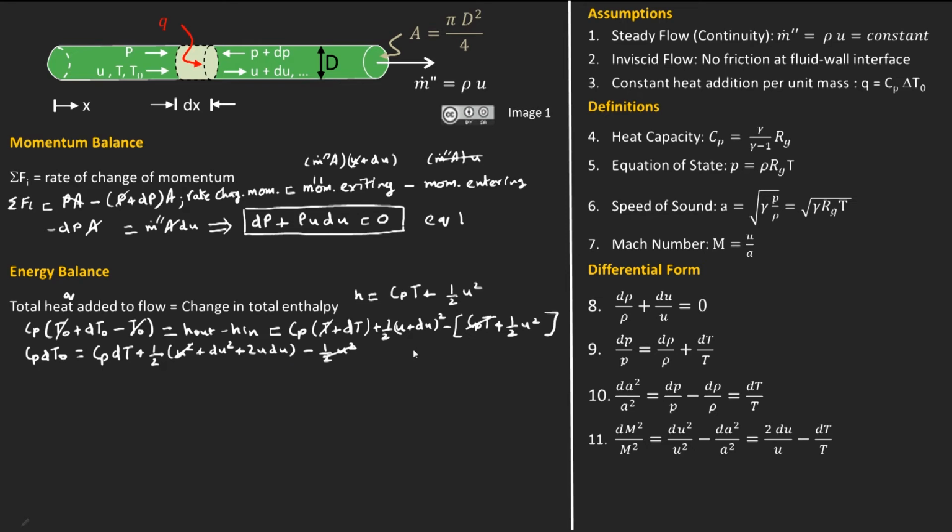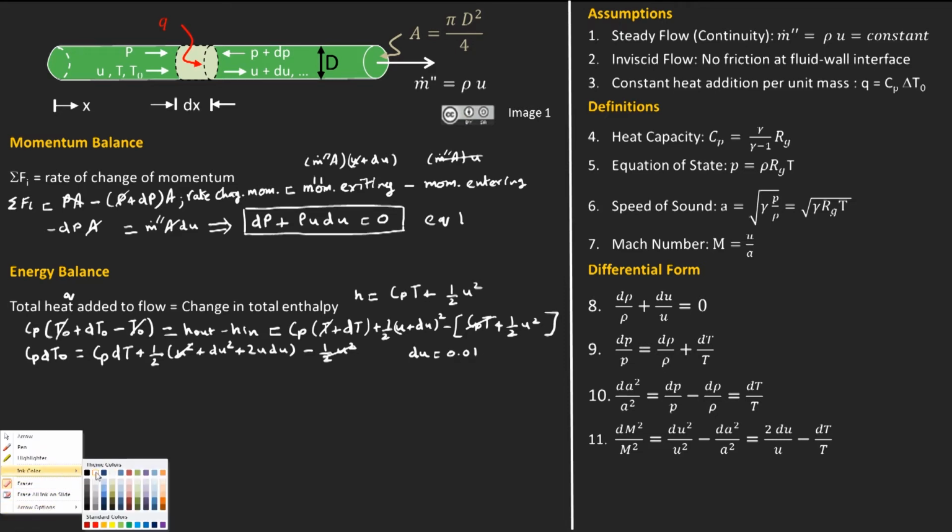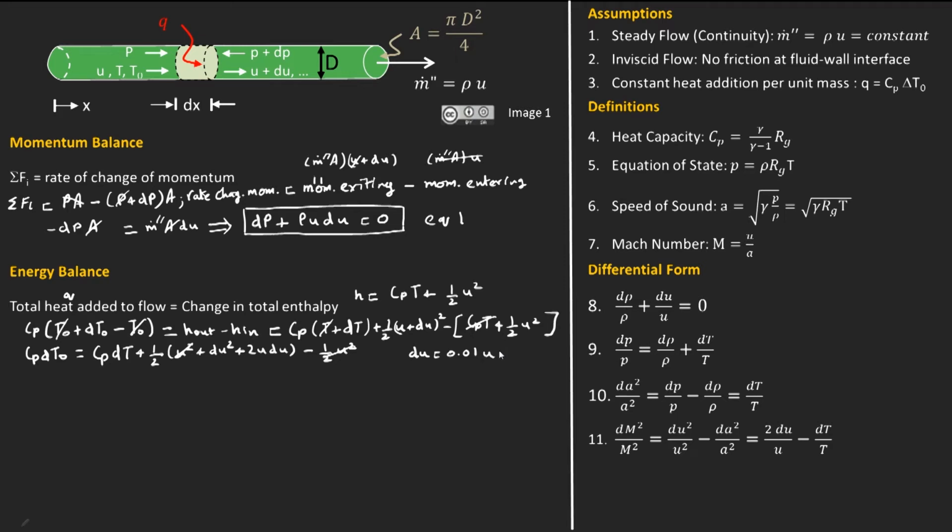Let me assume that du, because it's going to be small, is only going to be about, again these numbers are just approximate, 0.01 times, or only 1% of u. So du, let's say, was 0.01 u.